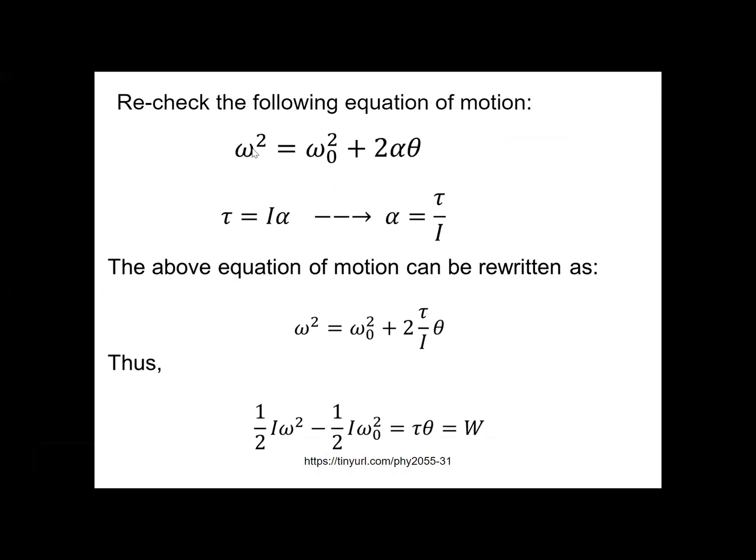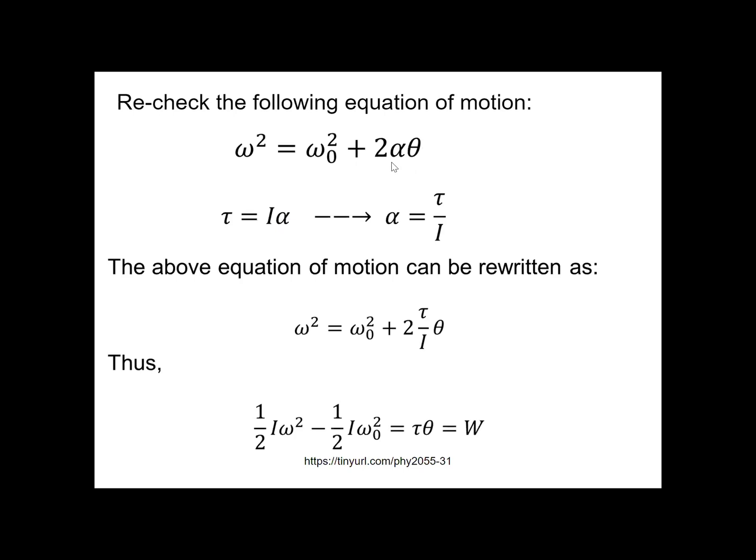Final angular velocity squared equals initial angular velocity squared plus twice the angular acceleration times the angular displacement. And then also using Newton's second law for rotational motion, torque equals moment of inertia times alpha. So you rewrite alpha as torque divided by moment of inertia.